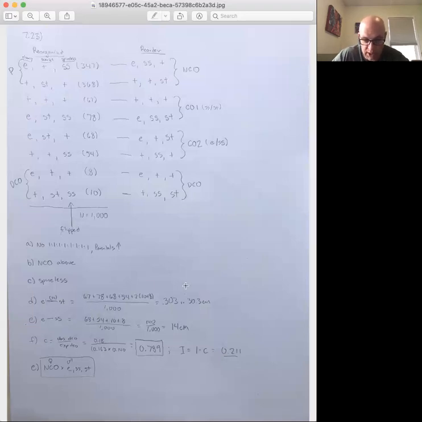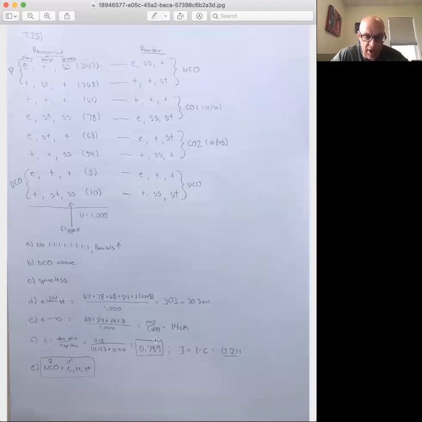So now we have all the distances between the genes. This was the total distance between the flanking genes, and now we have the ones between the interior ones. The probability of a crossing over event occurring between E and SS is 0.14. The probability of a crossing over event occurring between SS and ST, because we subtract it from that, is 0.163.